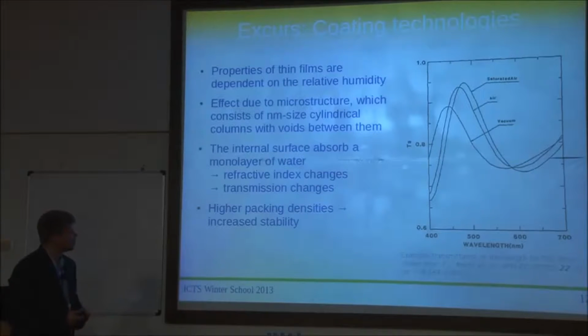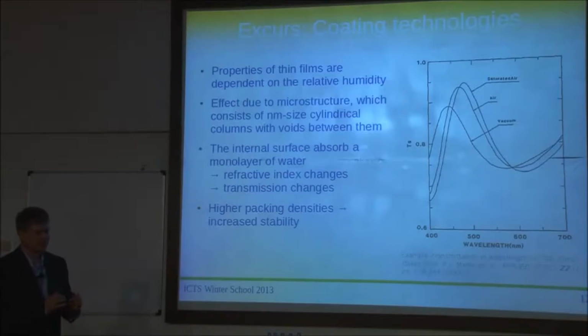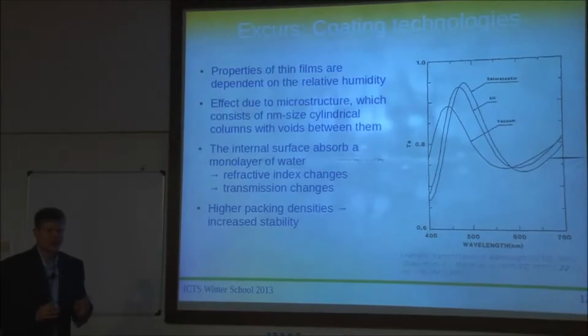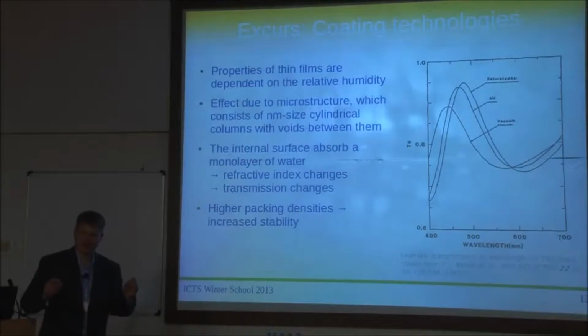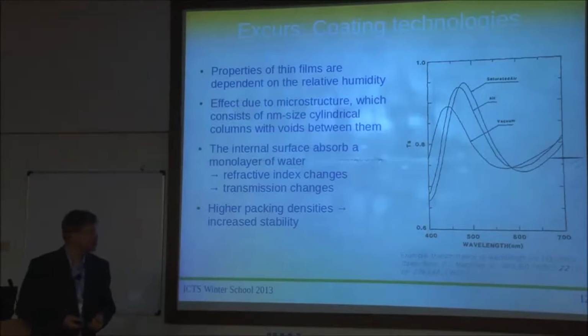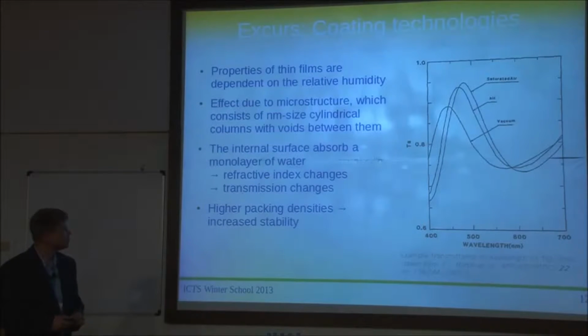But the effect that really happens is that this coating consists of a microstructure which is kind of cylinders on the surface of the substrate, and then the water molecules from the air can actually slip into these little gaps between the cylinders and change the refractive index, and that changes the reflectivity of the substrate itself.